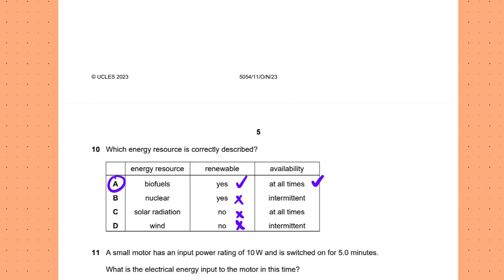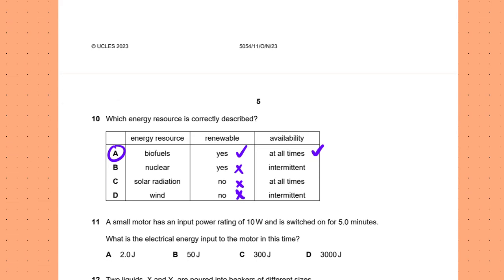For example, if you harness something like cow's dung or something like that, that is pretty readily available, and it's also renewable, but the problem is it's not very reliable as an energy source because it doesn't give a lot of energy to use. So biofuels is available, right? My bad, it is available.